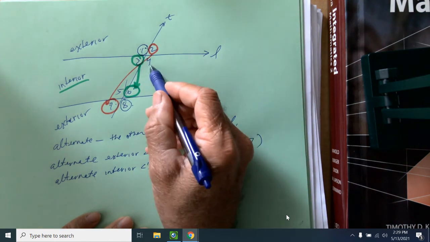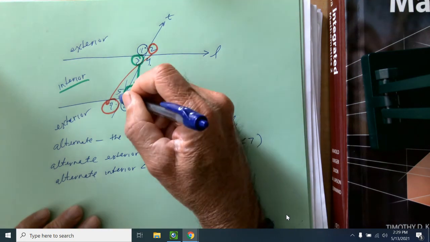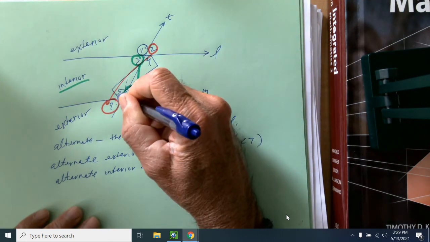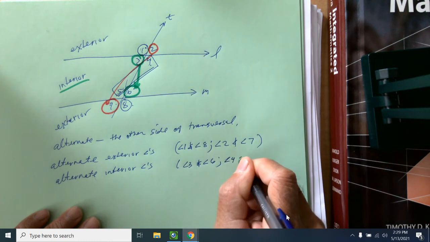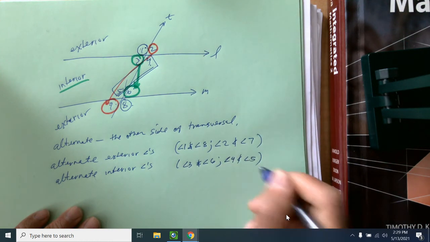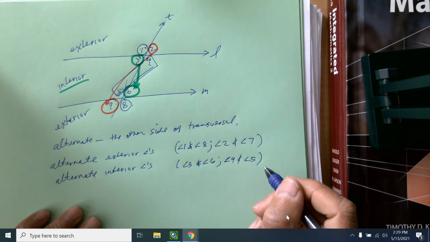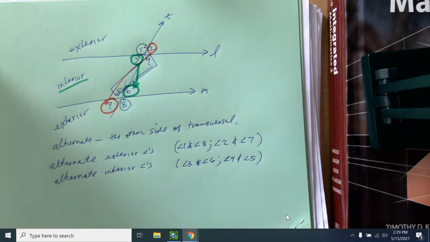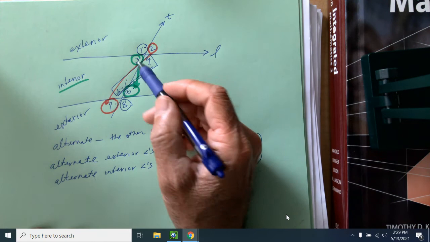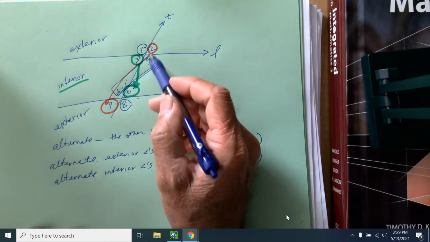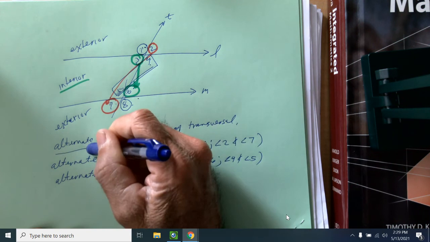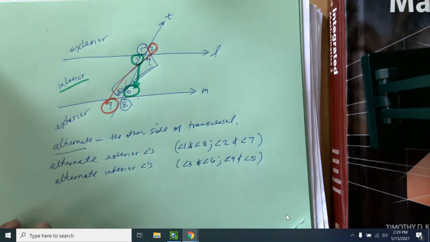And it's also going to be angle 4 and angle 5. Okay? So those are the alternate interior angles inside, alternate exterior on the outside. So you're switching whenever it says alternate, going to the opposite side.